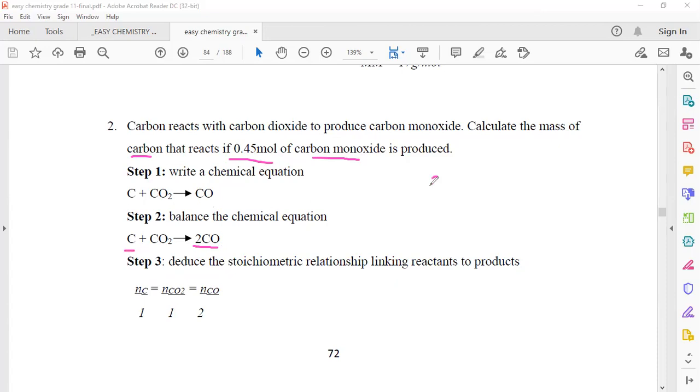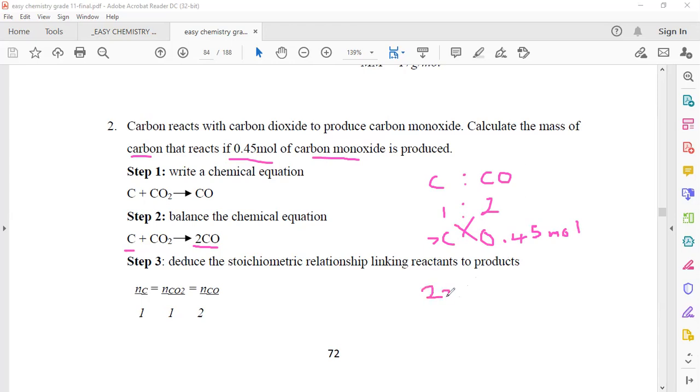Carbon and carbon monoxide are reacting in the ratio of 2 to 1. So if you're given 0.45 moles of carbon monoxide, what would be the number of moles of carbon? Because we're calculating the mass of carbon.